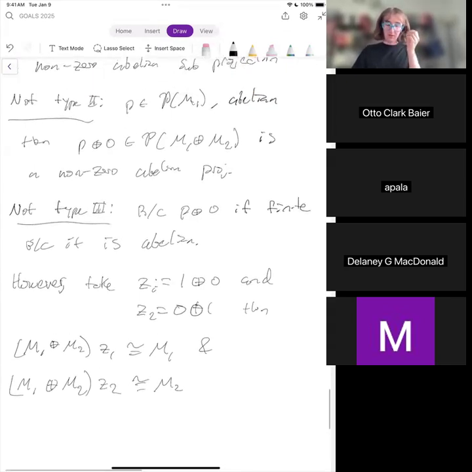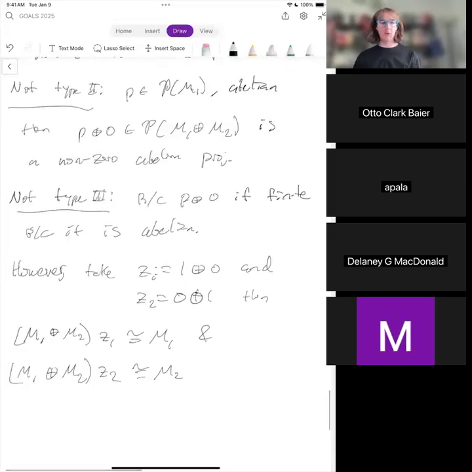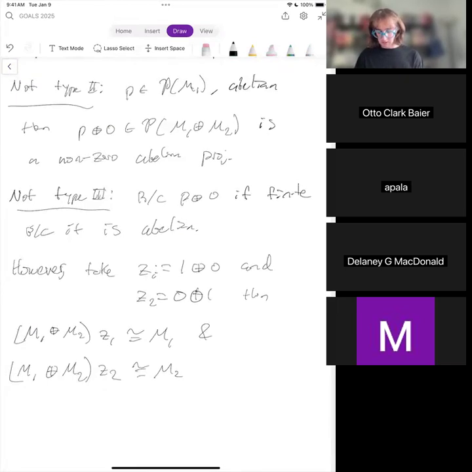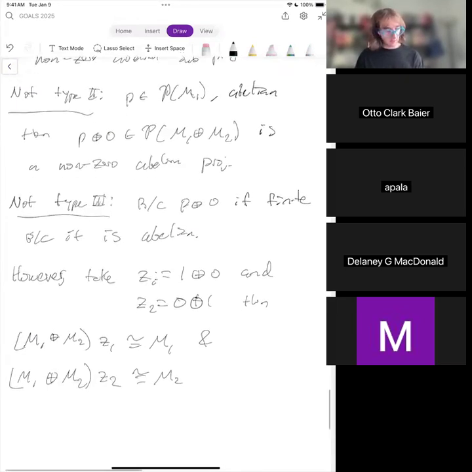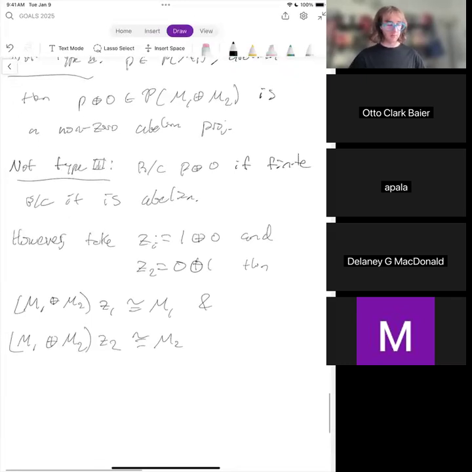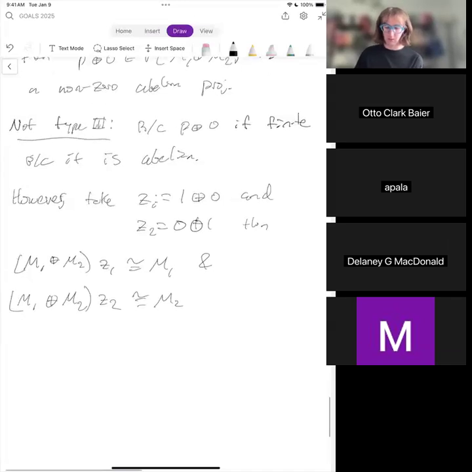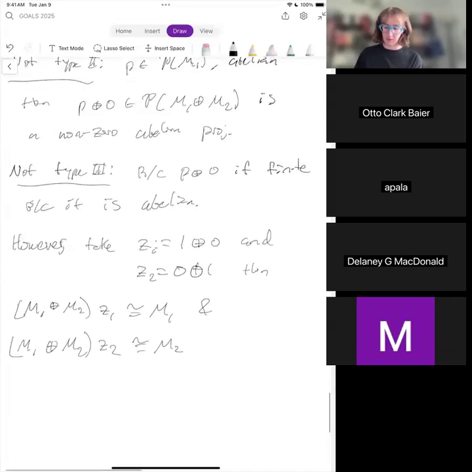So while the direct sum of these two von Neumann algebras doesn't have a type, there exist projections such that the resulting compressions are of type 1 and type 2. And that's really the point of the type decomposition theorem, that any von Neumann algebra can be decomposed into compressions of these three types. So we'll do that theorem now.